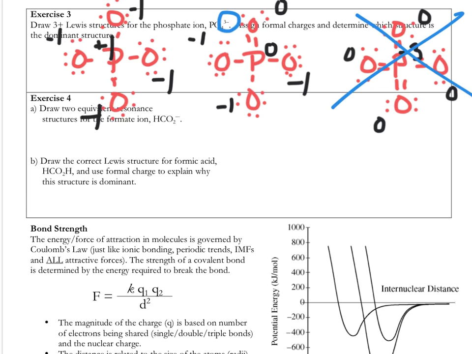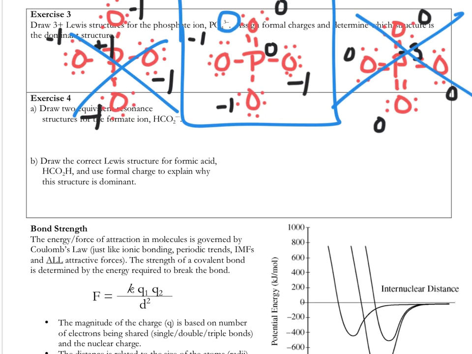If we compare these two, this one has charges on all 5, whereas here we have 2 things that are at 0, and we have 3 things that are at -1. And the negative charge is on an element that has a high electronegativity. So the best one right here would be 3 single bonds and 1 triple bond. That is the best structure for phosphate.